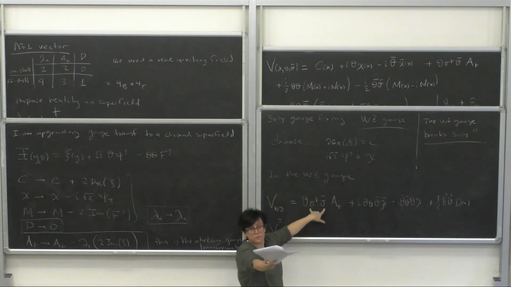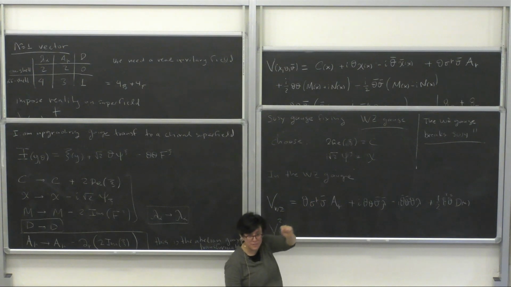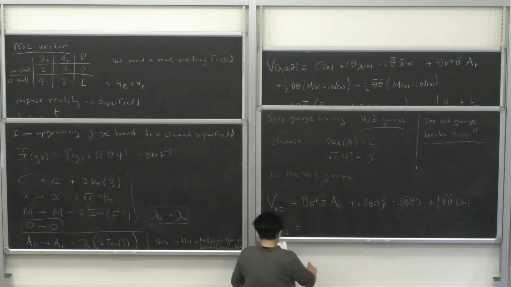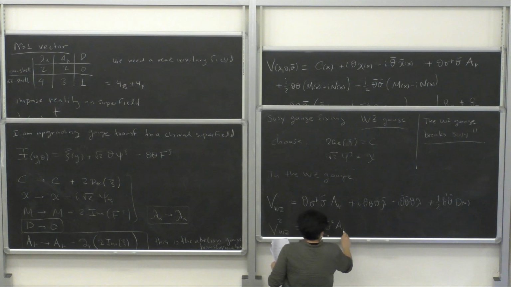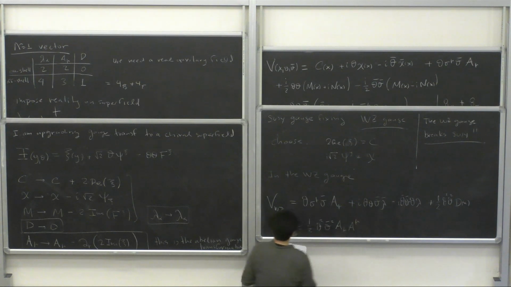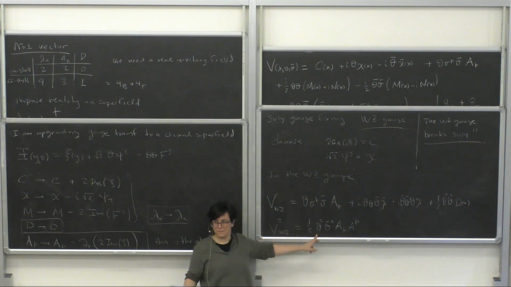And by the way, this was the question yesterday. When you square this, you use this identity with a sigma sigma, and you get theta squared is just this.